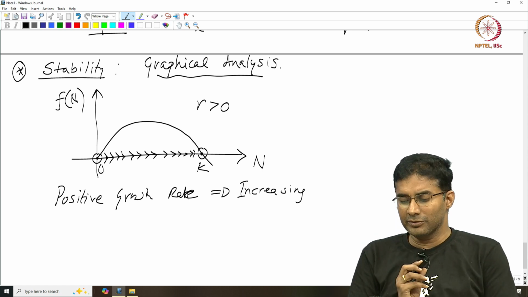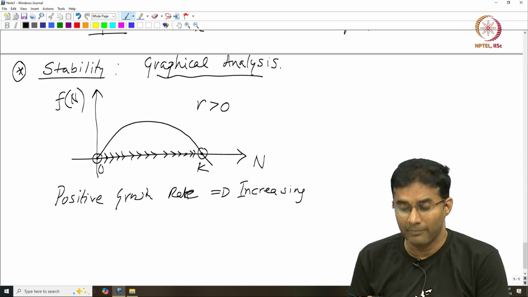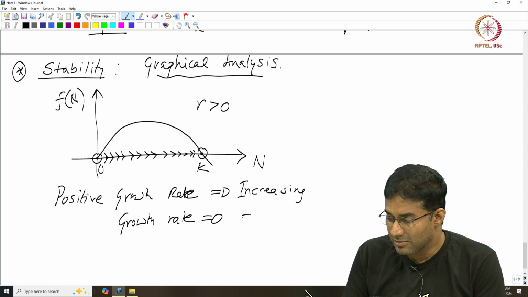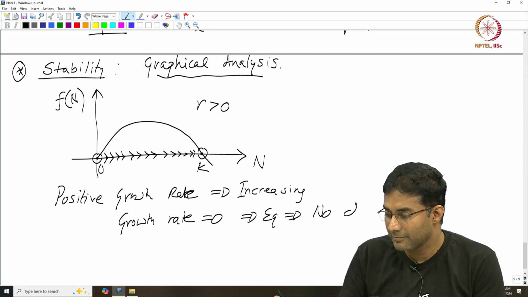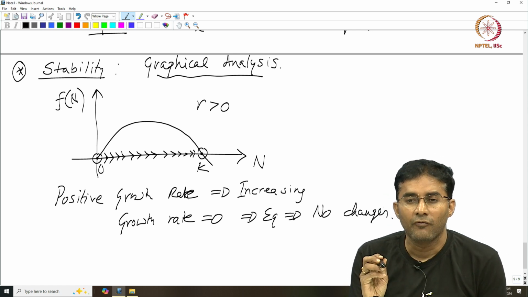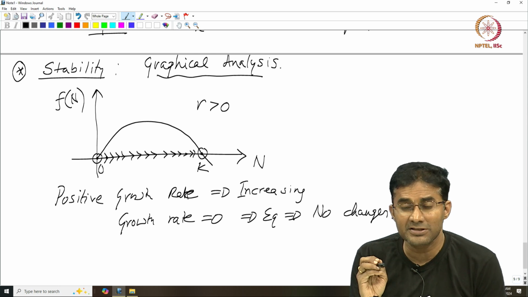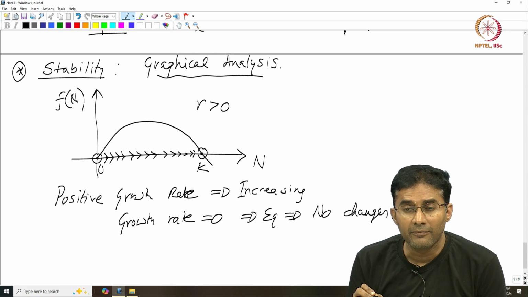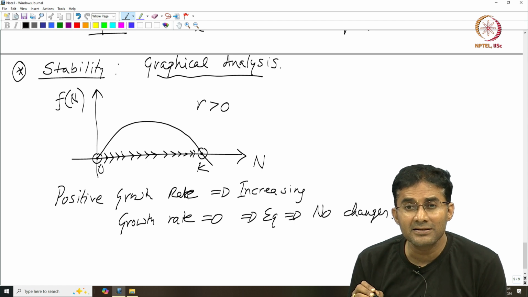When the growth rate hits 0, you are at an equilibrium, and no changes happen. So, what this shows is that for a population that follows the logistic population growth model, local extinction is an unstable equilibrium.